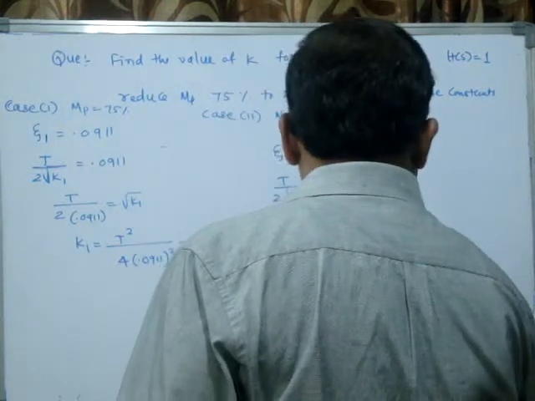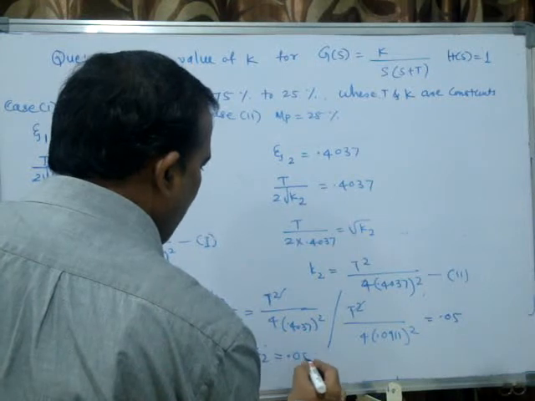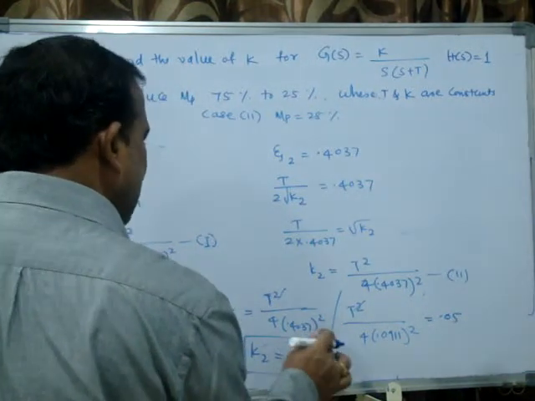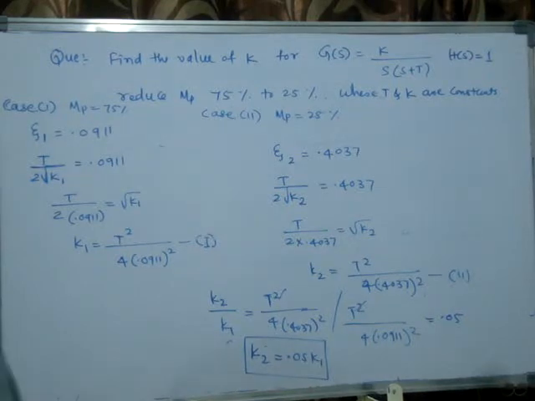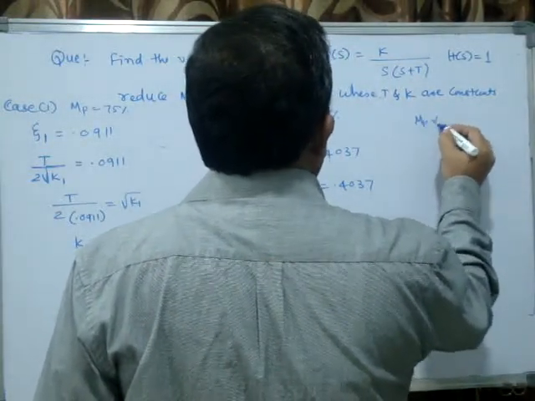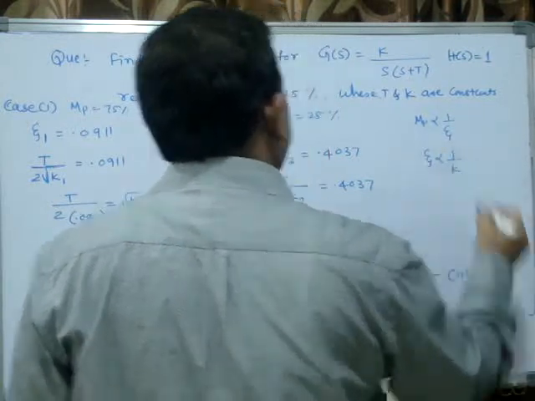The final result is k2 equal to 0.05 of k1. Gain will be less. Suppose initially the gain was 100, now the gain is 5. So from this problem you understood that MP is inversely proportional to zeta, and zeta is also inversely proportional to gain.